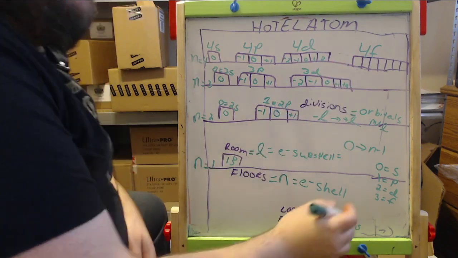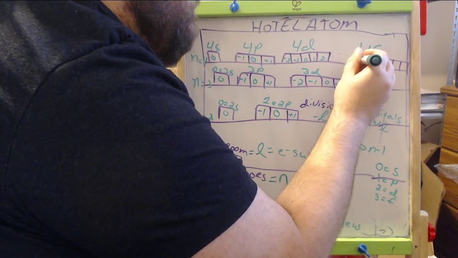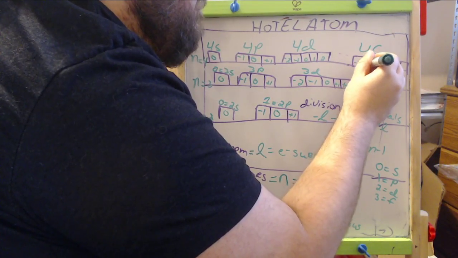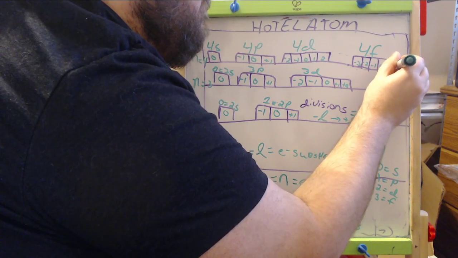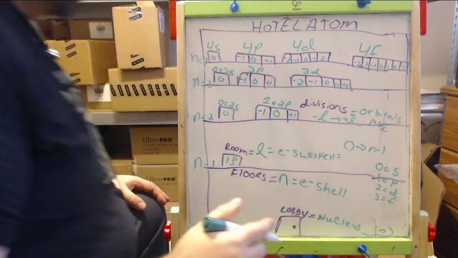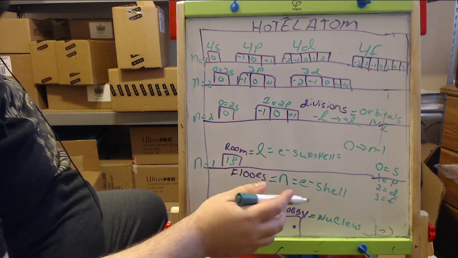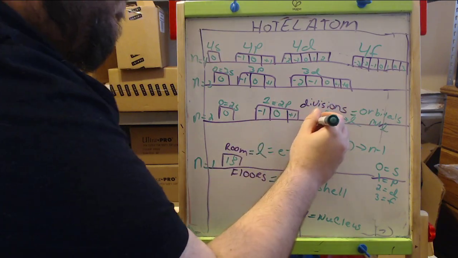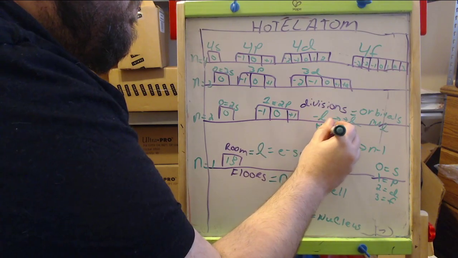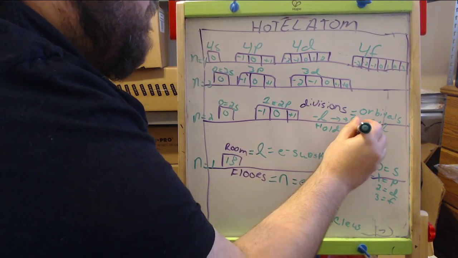How about F? F is 3. -3, -2, -1, 0, 1, 2, and 3. Which means, and here's the thing, each orbital can hold 2 electrons.